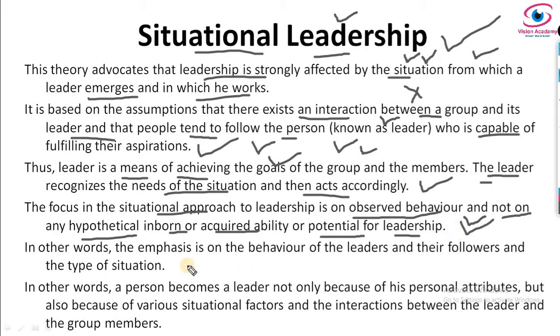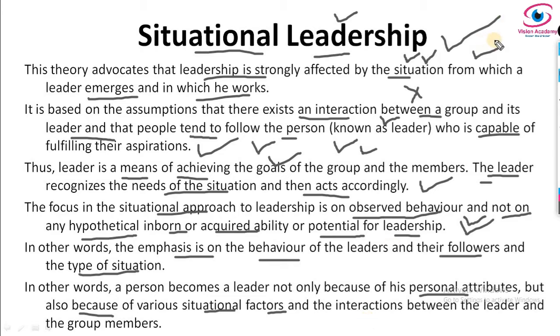One more thing I am clarifying. In other words, the emphasis is on the behavior of the leader and their followers based on the type of situation. A person becomes a leader not only because of personal attributes, but also because of various situational factors and the interaction between the leader and group members.